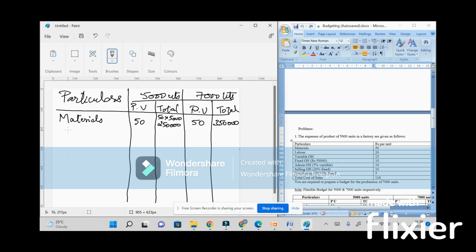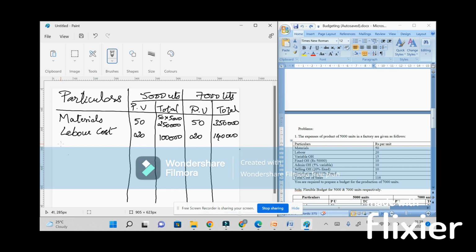The next entry being given is with respect to labor cost. Labor cost per unit for 5,000 units is rupees 20. 20 into 5,000 is going to be 1 lakh. In the same way, 20 into 7,000 is 1 lakh 40,000.